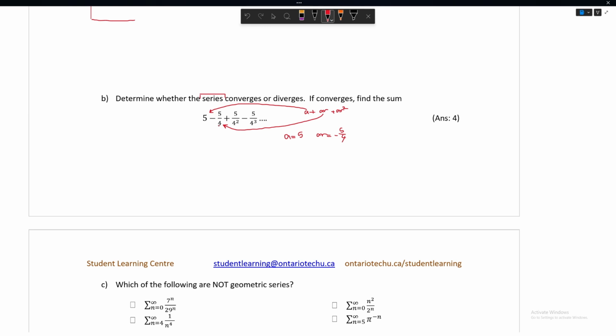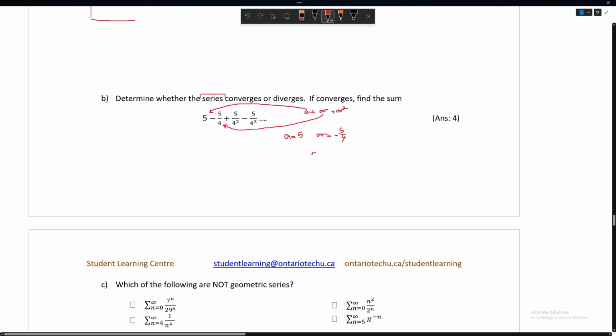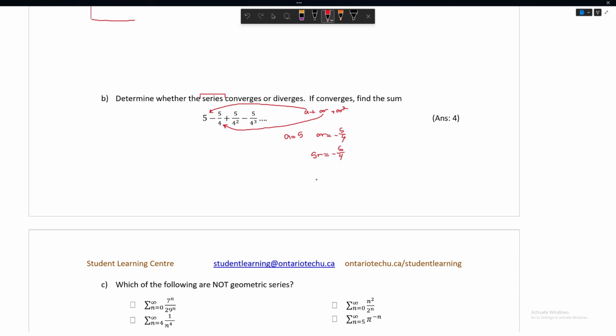So my ar is negative 5 over 4. Okay, so for here, then what you want to do is sub in your 5. That's my a. Equals negative 5 over 4, divided by 5. r equals negative 1 over 4.